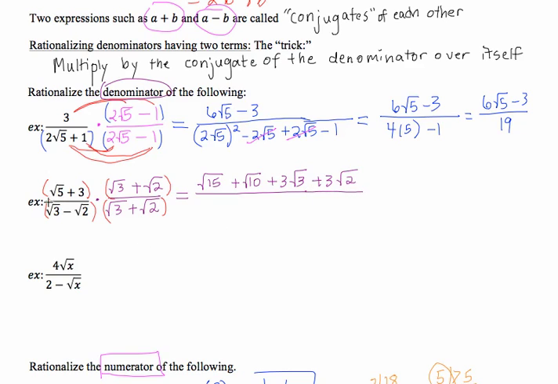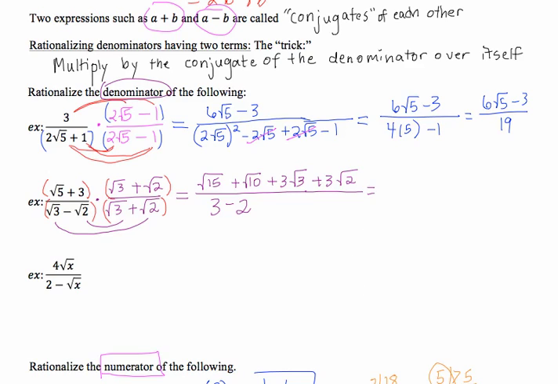And in the denominator, we have radical 3 times radical 3, which is going to be 3. Now, again, the outside terms and the inside terms, if you look, they're going to cancel. We have radical 3 times positive radical 2 minus radical 3 times radical 2. Those cancel, so I'm just not even going to write them. Then the last two terms are negative radical 2 times radical 2. Radical 2 times radical 2 is 2, so we have minus 2.